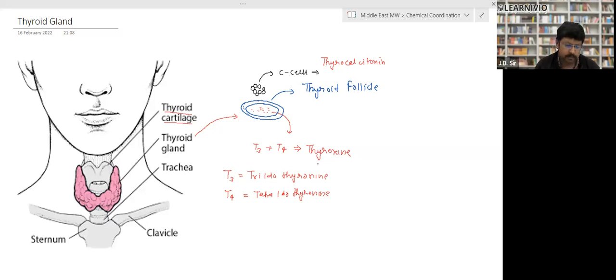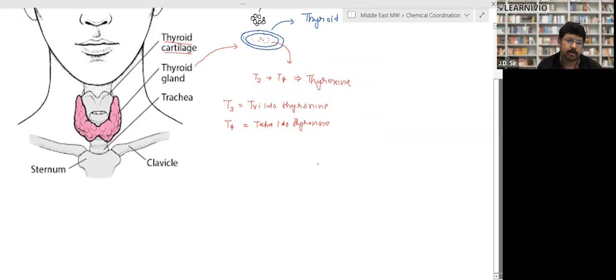Function of thyroxine. They regulate the metabolic rate of the body. They stimulate protein synthesis.